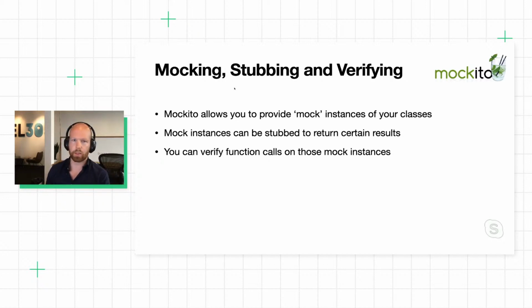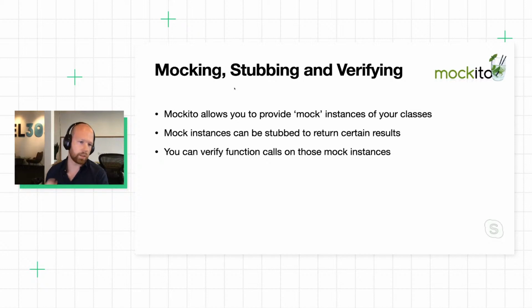And these instances will have their methods stubbed out, so they will return null values or a zero if you need to return an int. You can actually configure these instances to return certain results if you want to. And lastly, you can also verify function calls if you need to verify that some method or public API was called.